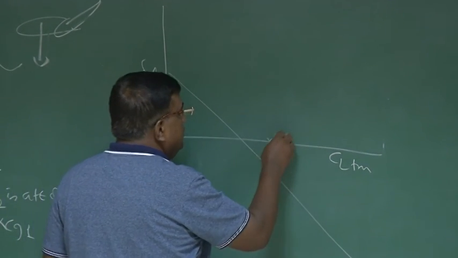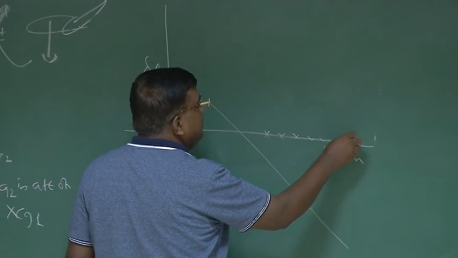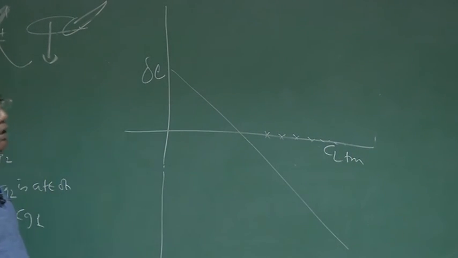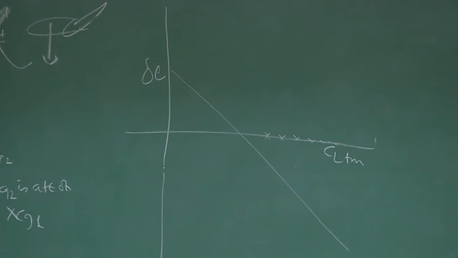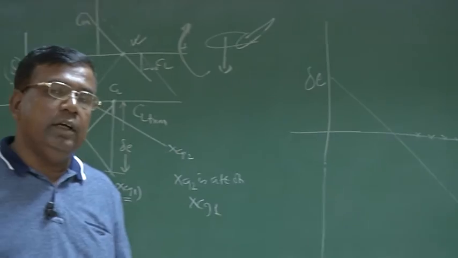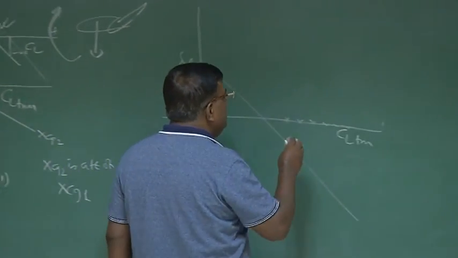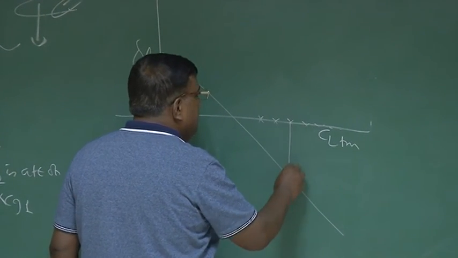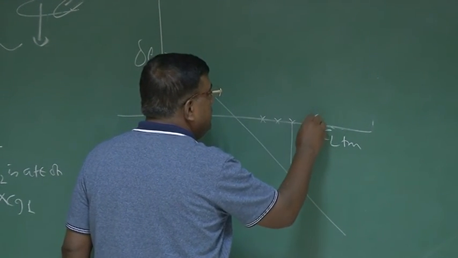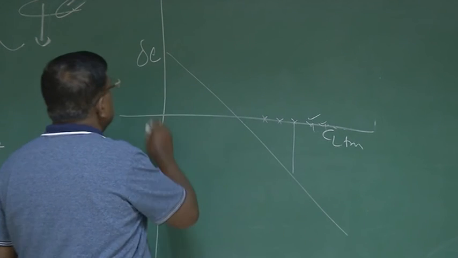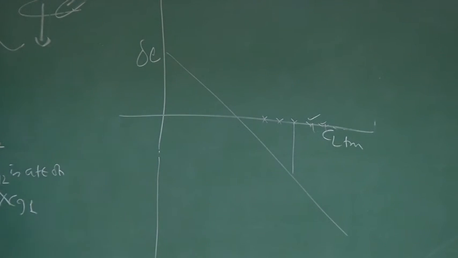I can fly an infinite number of CL trim values. Please understand, when I say CL trim I can fly, there is also a limit on how much speed you can get. But I am assuming that this is well within control, and I can have this CL trim, this CL trim, this CL trim, but how much? The question is this. So how is it done?